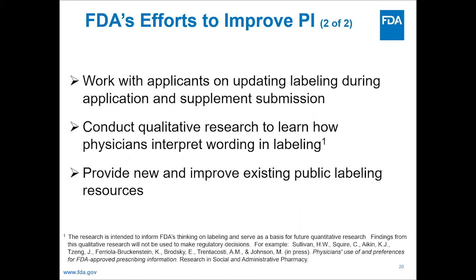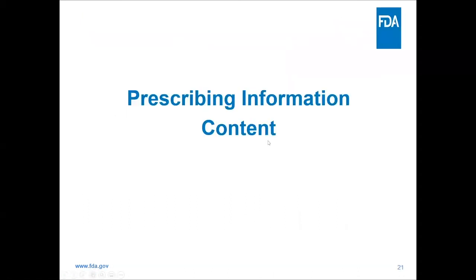How do they interpret the labeling? The certain words that we use, certain formats, certain contents. So that we seek information from the public. And then finally, we provide labeling resources to the public.